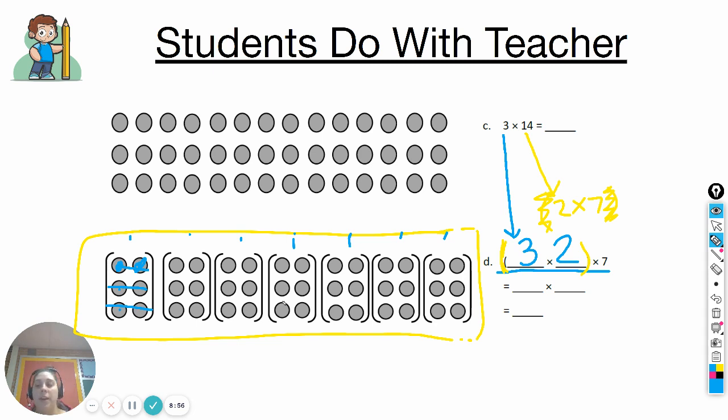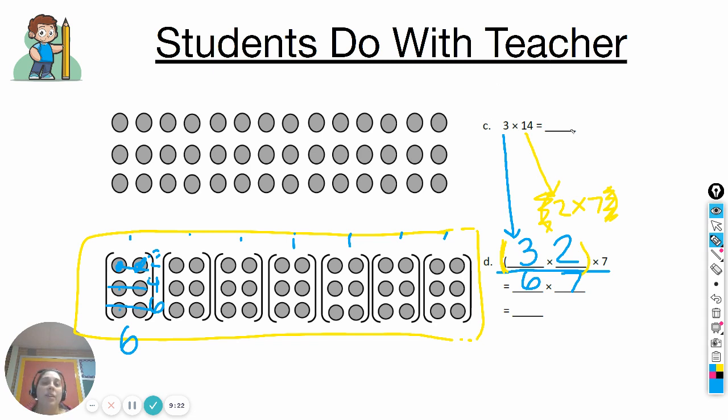So now we have to figure out how many are in just one array. Let's skip count. 2, 4, 6. So each array has 6. So over here, we're going to write 6 times, well, there's still 7 groups, so we have 6 times 7.